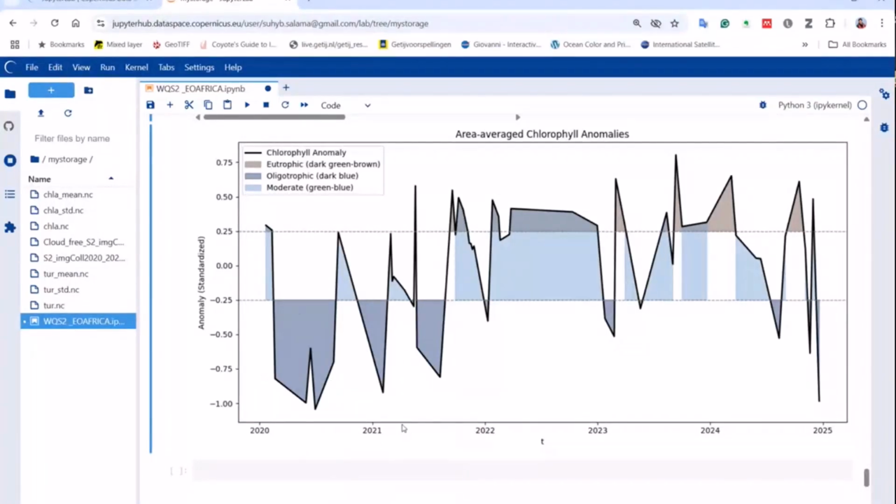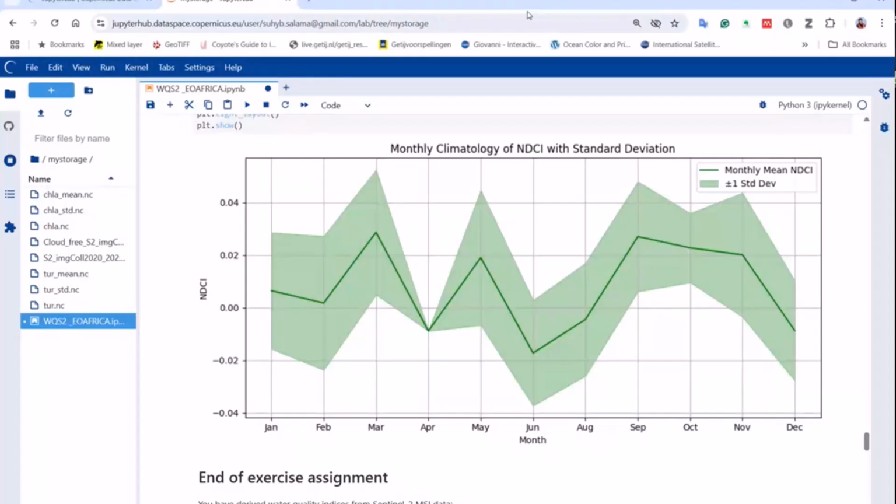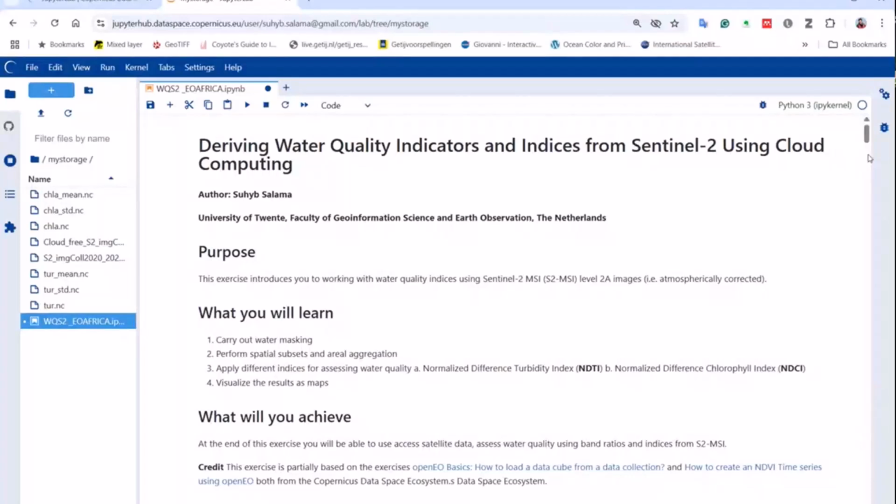While in 2021 and 2020, it was better conditions. So I will stop here. I hope I could show you the utility of this cloud computing in actually less than 30 minutes.